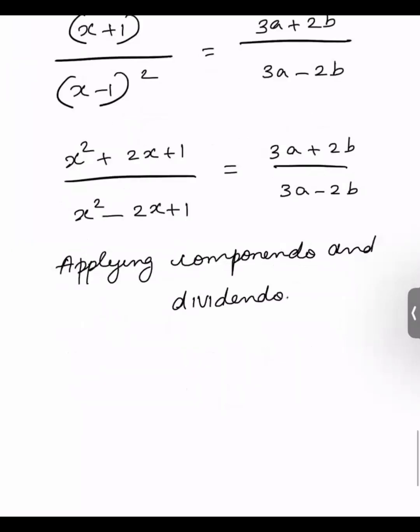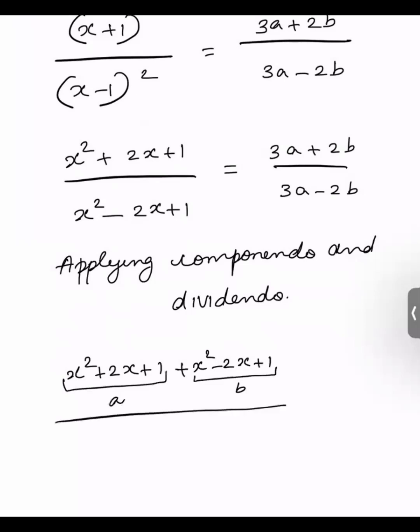I'll get here X square plus 2X plus 1 is my A plus X square minus 2X plus 1. This is my B. This is my A. Okay, so A plus B done, divided by X square plus 2X plus 1 minus X square minus 2X plus 1. This was my B part.